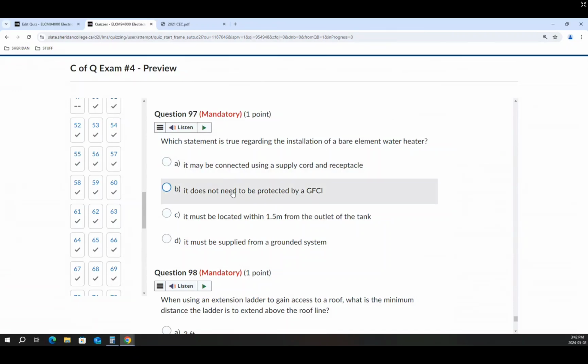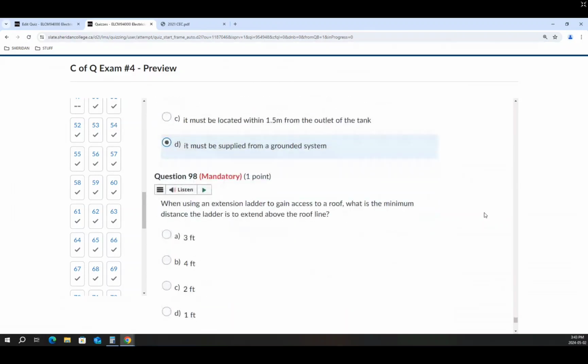That's not right. It does have to be ground faulted. All of these are wrong. This one is correct. So it can't be supplied by that. It does need to be supplied by ground fault, and it's got to be more than 1.5 meters from the outlet. That's the D.